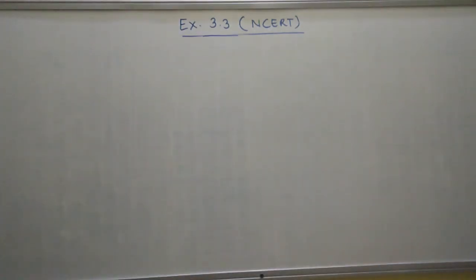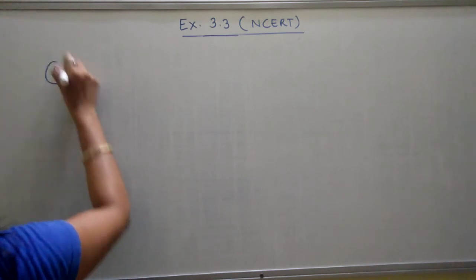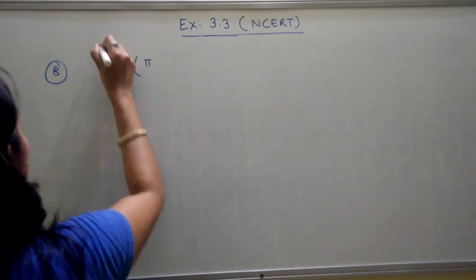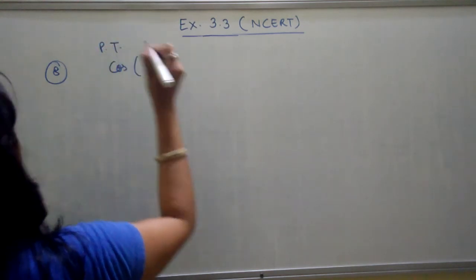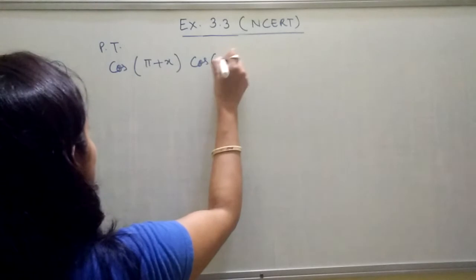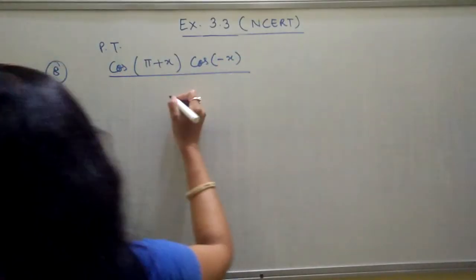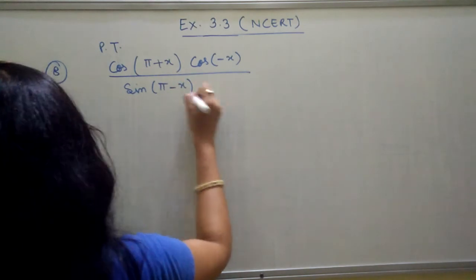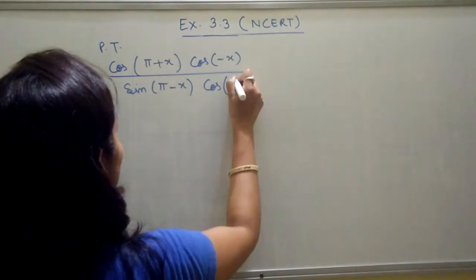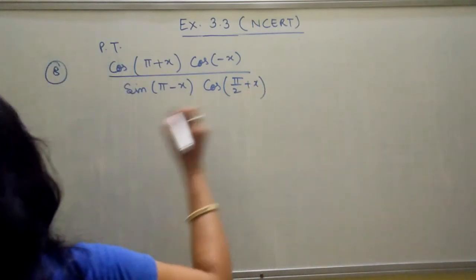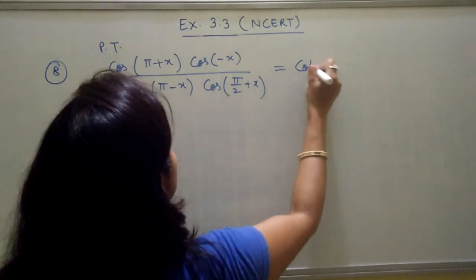Today's lecture's last question is the 8th question. Prove that cos(pi + x) cos(-x) divided by sin(pi - x) cos(pi/2 + x) is equal to cot square x.